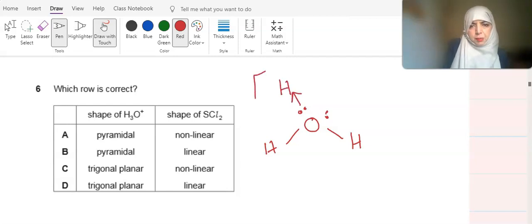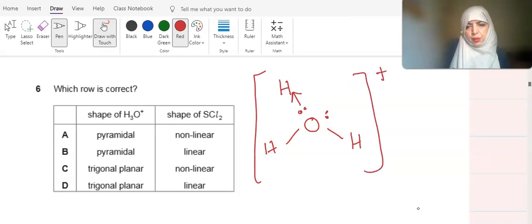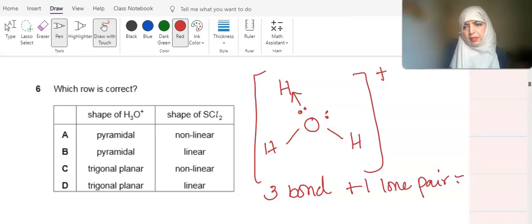So this is H+, and we get H3O+. So you know, when you have 3 bond pairs and 1 lone pair, you will get a structure which is known as pyramidal structure, trigonal pyramidal.